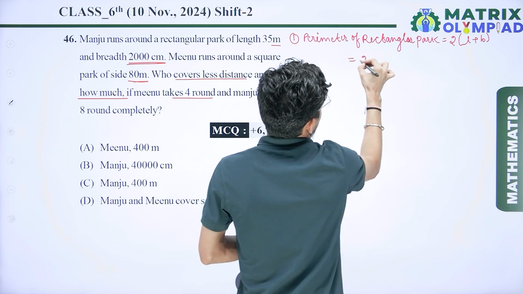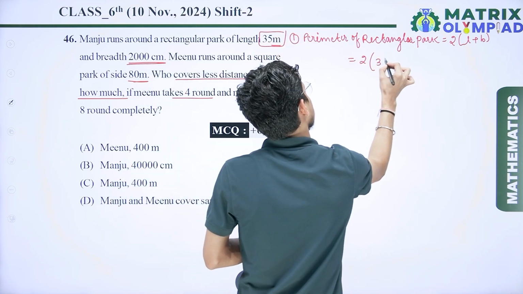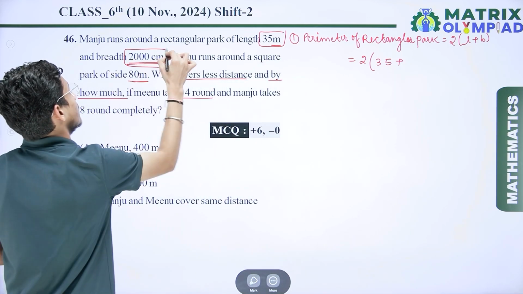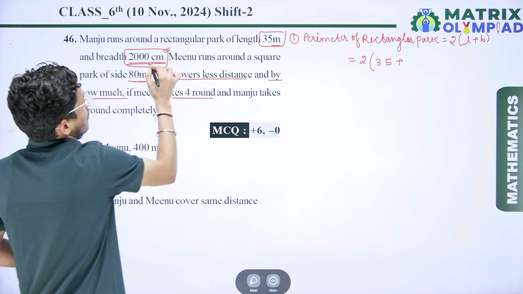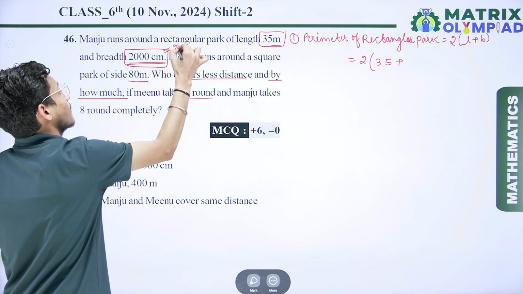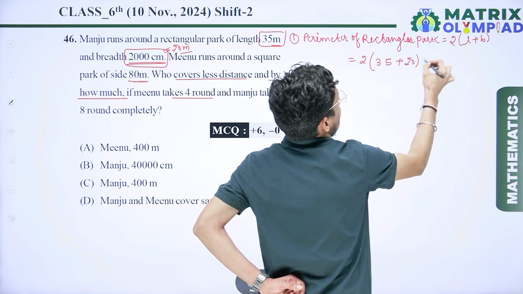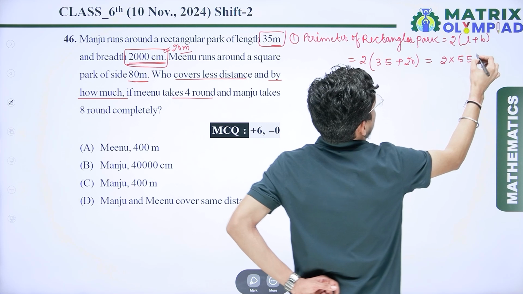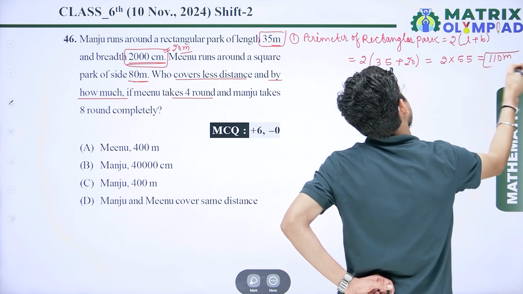Length is 35 meter plus breadth 2000 centimeters. First we have to convert 2000 centimeter into meter. 2000 centimeter is equal to 20 meter. So I write here 20. If I add this, I get 2 multiplied by 55, which gives 110 meter.